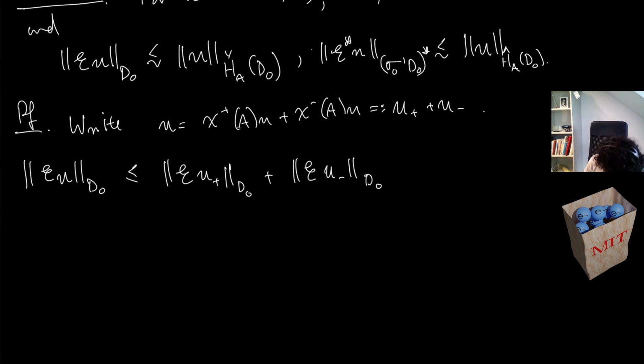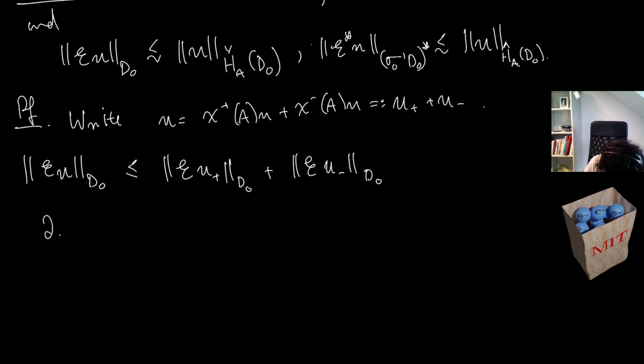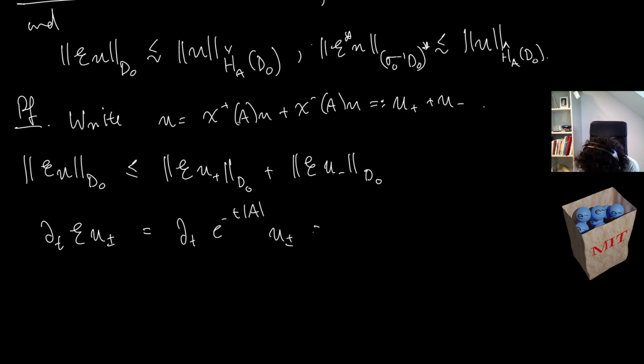Now the semigroup is differentiable. So let's have a look at what we get when we hit the extension operator with partial t. This is going to be equal to partial t e to the minus t modulus a u plus minus, and this is equal to negative modulus a e to the minus t modulus a u plus minus.